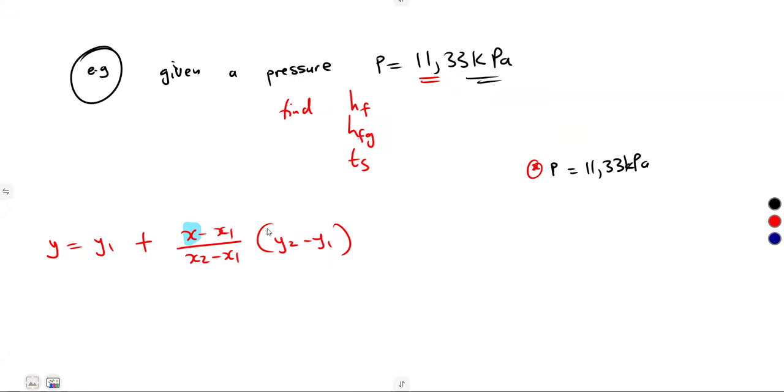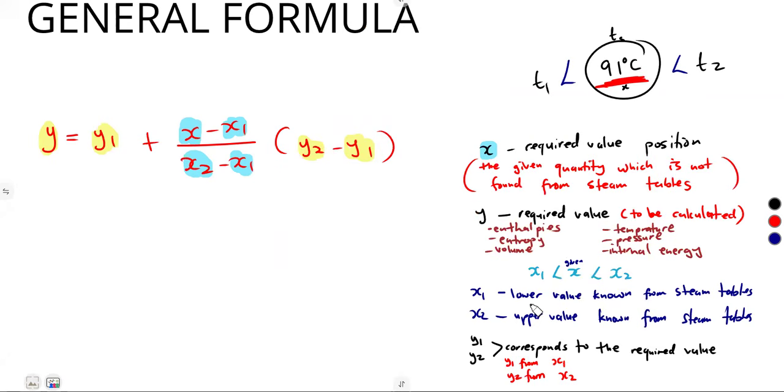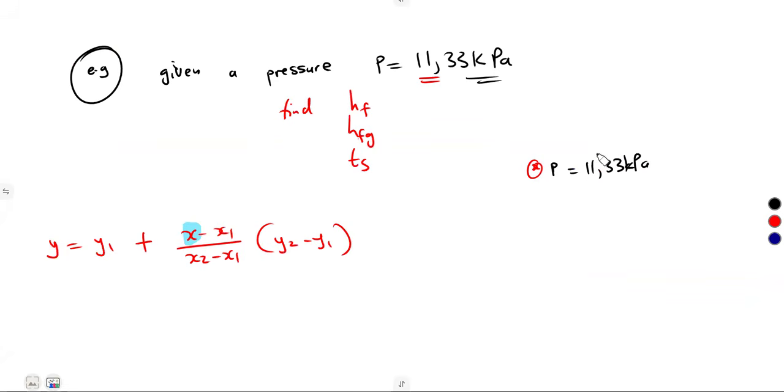So I want to change this formula. If x represents the pressure, remember x1 and x2 are the lower and upper values known from your steam tables. If it was temperature, they would represent the temperature. Since x represents pressure, it means P1 and P2 will be your x1 and x2.